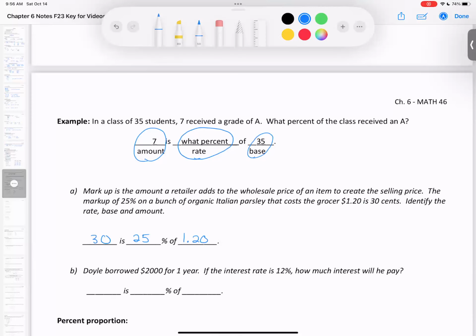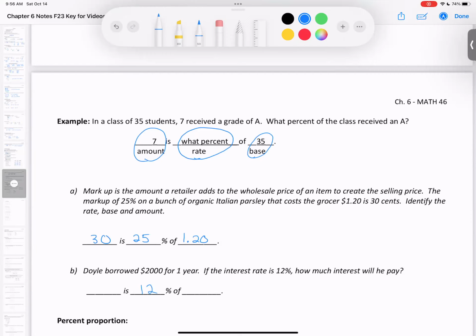And last one, Doyle borrowed $2,000 for a year, and the interest rate is 12%. The question is asking how much interest will he pay? Here we can just identify the amount, base, and rate, and then in the next section we'll get into actually solving these. The interest rate is easiest to figure out.